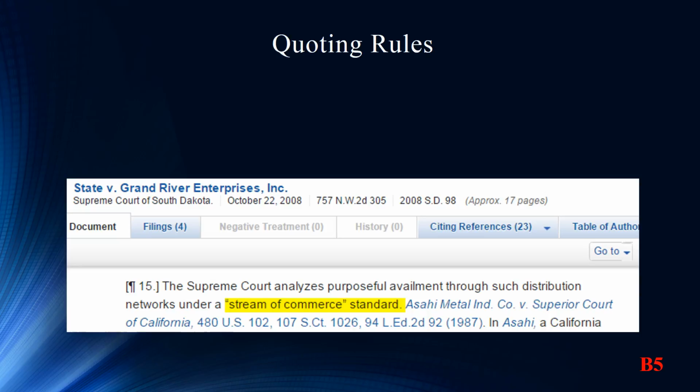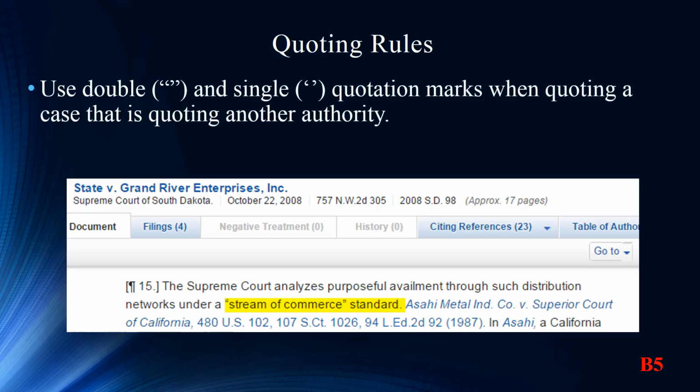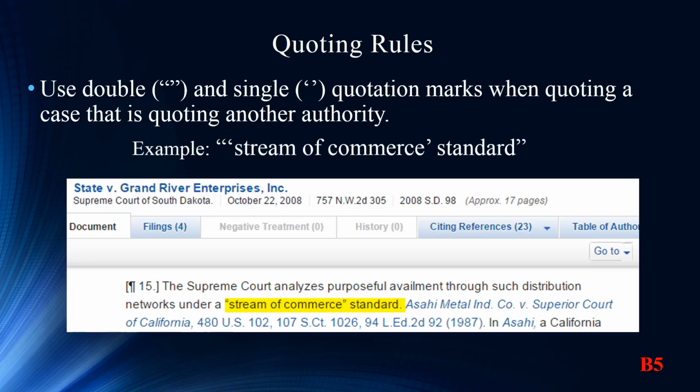Now let's look at quoting parentheticals by starting with some quoting rules. If you are quoting a case that is quoting another authority, you will use double and single quotations. The double quotation marks go around the primary quotation, and the single quotation marks go around the internal quotation. For example, this case, State v.